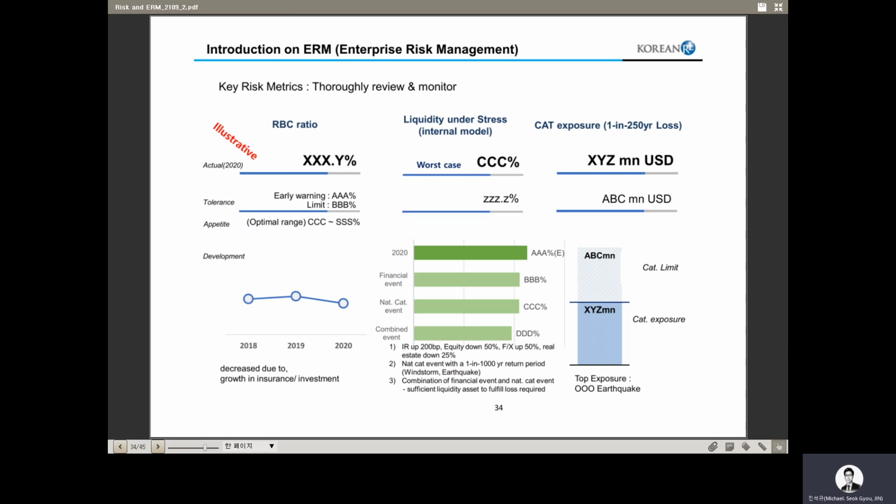And our CAT exposures are well managed below our CAT limit. So all of those key risk metrics are fine at the end of 2020. This is one example of how ERM is working in a real company.